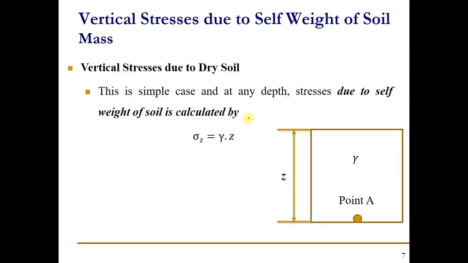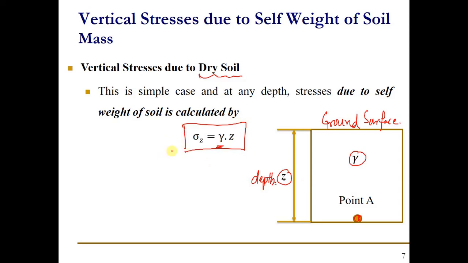For example, if we are having a ground surface here and we want to find out the vertical stress or the total stress in a dry soil at depth Z, then we need to find out the unit weight of that particular soil, and we simply multiply it with the depth of this layer, and we will come up with the vertical stress due to self-weight of the soil.